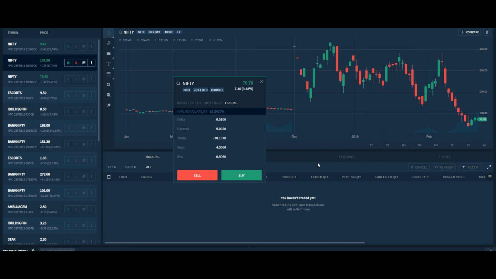The next one is, a strike having higher time value has higher Vega. So if you're taking a March month contract, which is 10,800 or 11,000, your Vega will be higher in that case.